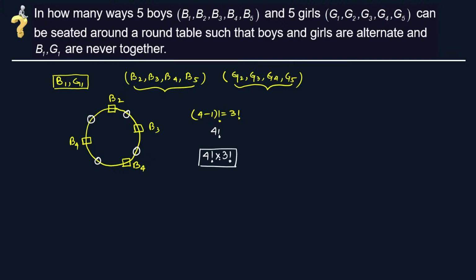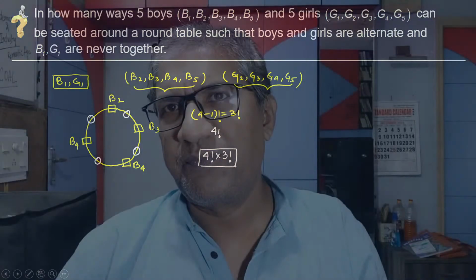Now the big question. I have to place B1 and G1 in such a way. What I'm actually trying to do is find the number of ways in which B1 and G1 will be together. And then I will simply subtract that number from the total number of ways when there is no restriction on B1 and G1.